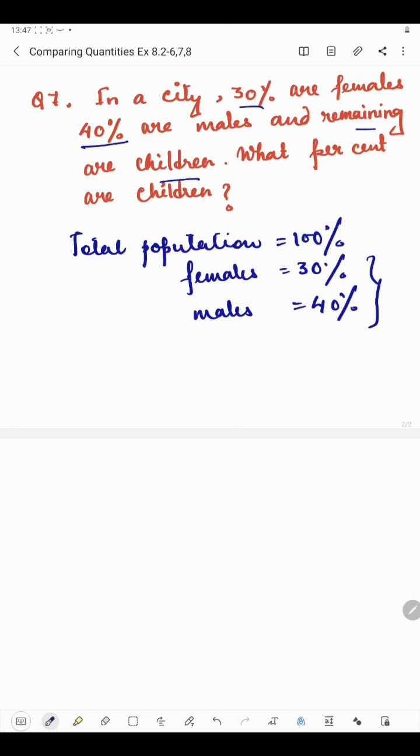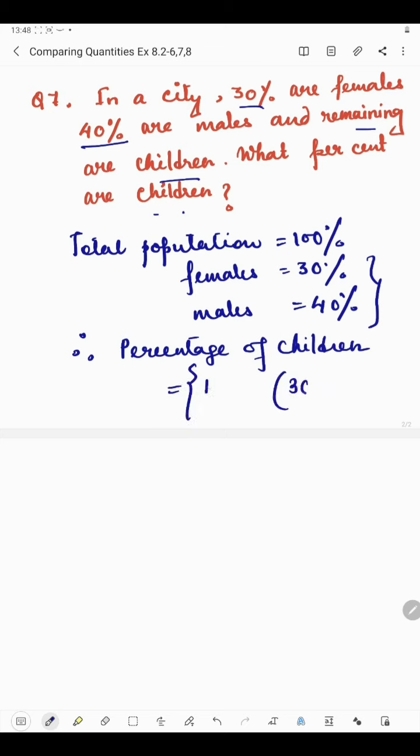That means to get the percentage of children, we need to add female and male and then subtract the result from 100%. Therefore, for the percentage of children, we will just add males and females and subtract the result from 100.